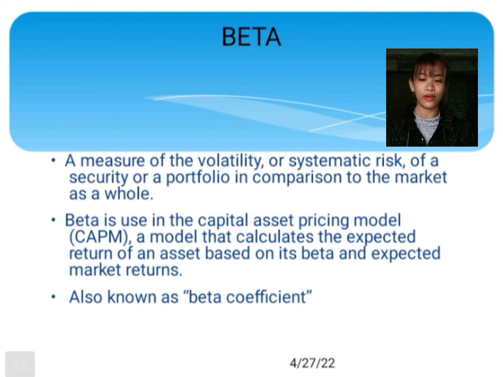Beta is a measure of the volatility or systematic risk of a security or a portfolio in comparison to the market as a whole. Beta is used in the Capital Asset Pricing Model, a model that calculates the expected return of an asset based on its beta and expected market returns, also known as the beta coefficient.